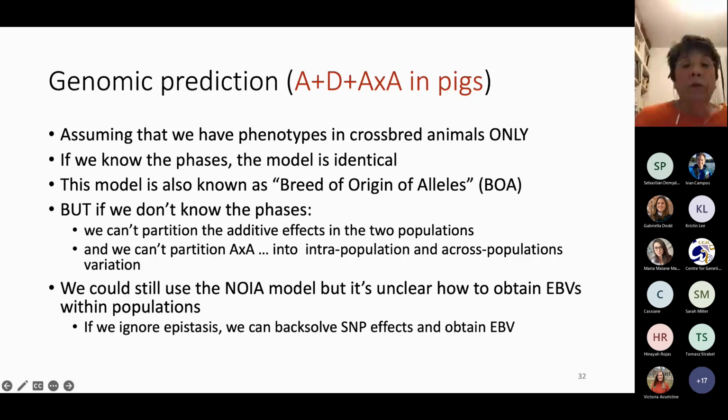But if we don't know the phases, we can't partition the additive effects in the two populations, and we can't partition the additive by additive effects into intra and across population variation. So we could still use the NOIA model, but it's unclear how to obtain the EBV within the population. If we ignore epistasis, something that we can do is that we can backsolve SNP effects and obtain from that the EBVs.